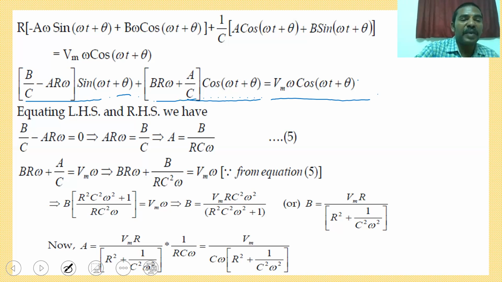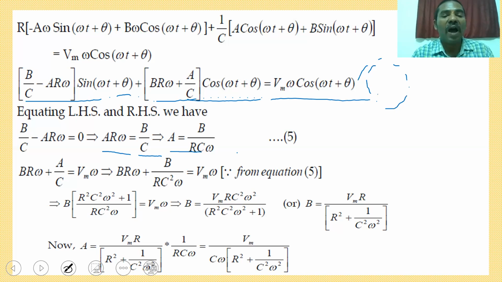That means B/C − A R ω = 0, so A R ω = B/C, or A = B/(RCω). Similarly, comparing the cos(ωt + θ) terms, B R ω + A/C = Vm ω. So B R ω + B/(R C² ω) = Vm ω. I am substituting the A value as B/(RCω), equation 5.